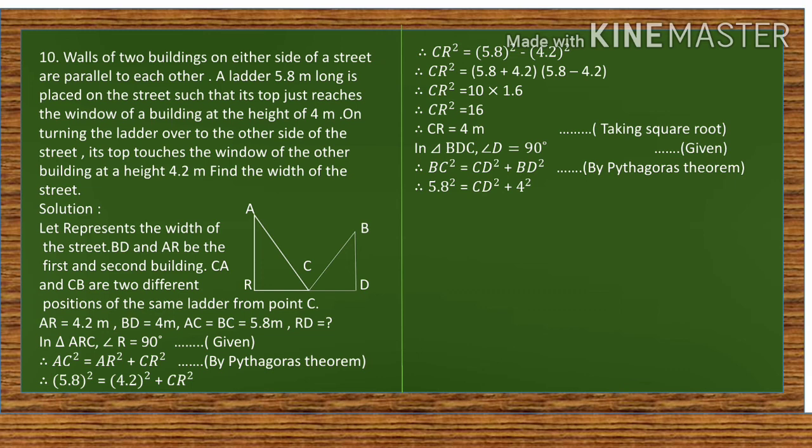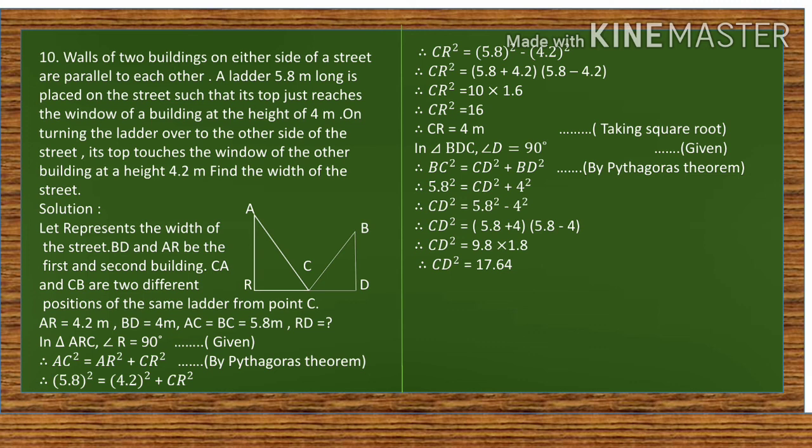Therefore CD square is equal to 5.8 square minus 4 square. Again we can use the same identity which we used above. So by using that identity, we get CD square is equal to (5.8 plus 4)(5.8 minus 4). Therefore CD square is equal to 9.8 into 1.8.